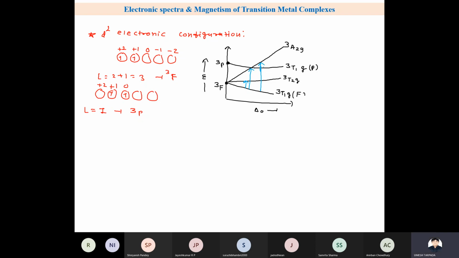So there are 3 transitions which are possible.